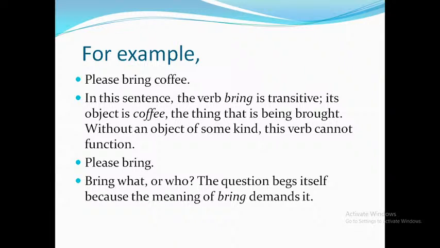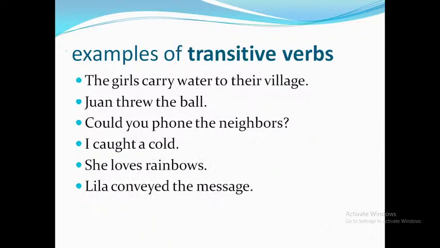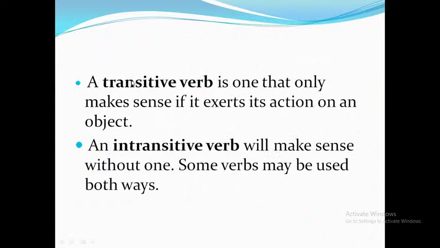Without an object of some kind, this verb can't function. So please bring. Bring what or who? The question asks itself because the meaning of bring demands it. Okay. So now, brings coffee.